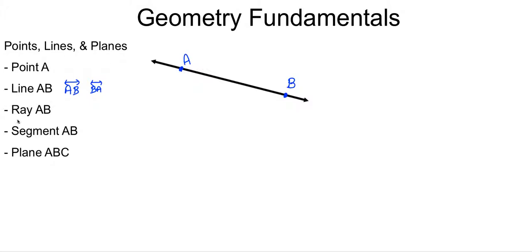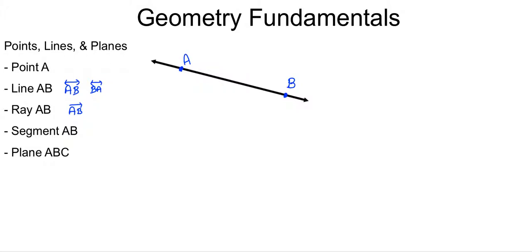Okay, when we talk about ray AB, well, a ray is a little bit different from a line. Ray AB, which can also be written as AB with an arrow pointing to the right over it, is talking about all the points that begin at point A and extend infinitely forever through point B. It's not the sum of all points in both directions, but just one direction.